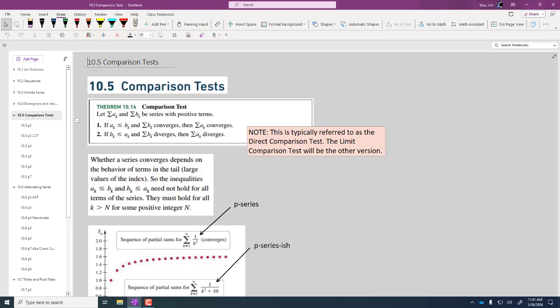Okay, so let's get a sense of this comparison test thing. Most books will call this the direct comparison test. So we've got 2 series. Series A, the A sub k series, is the series we're analyzing. That's the series that's been thrown in your lap and you've been asked to figure out if it converges or diverges.